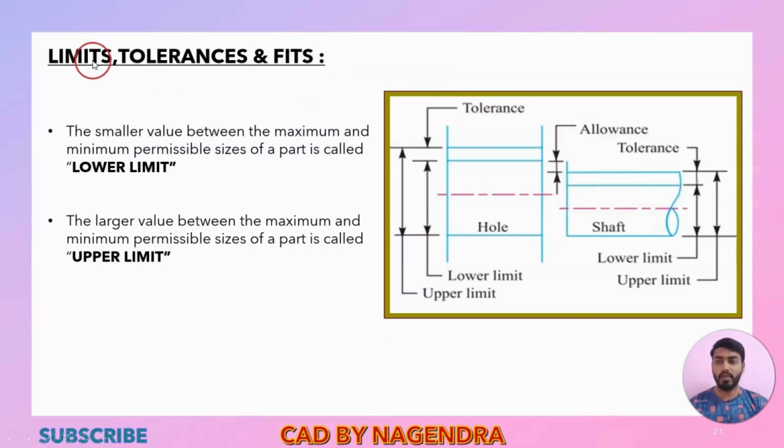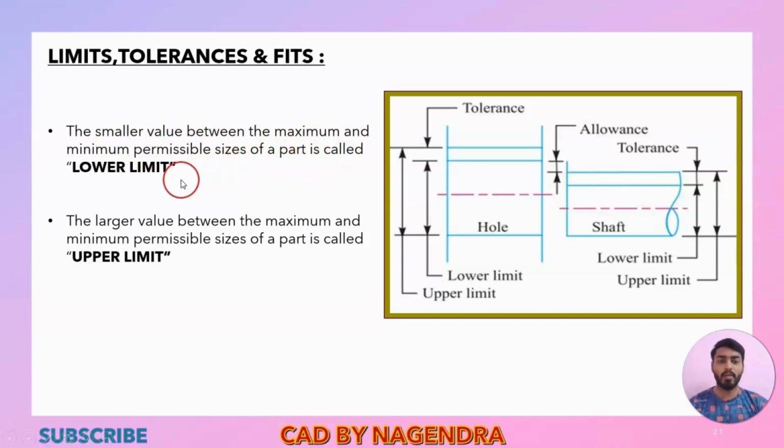So first we will go with limits. So in limits we will be having two types. One is lower limit and one more is upper limit. So here, for example, one hole we are having, one shaft we are having, whatever the dimension we are having from this ground level to this limit, we call it the lower limit. So lower limit is nothing but the smaller value between the maximum and minimum permissible sizes of a part.